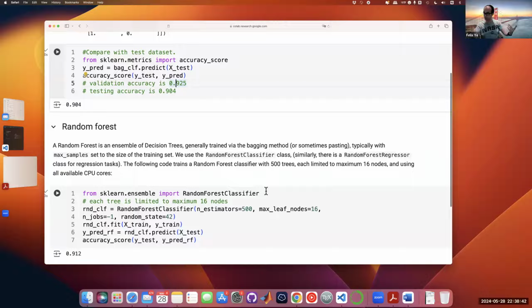With further randomness, it can make our estimators even more diverse. The more diverse, the better, as we can see right here. So that's why, in some senses, random forest does a better job than bagging. We are creating more and more diversity.